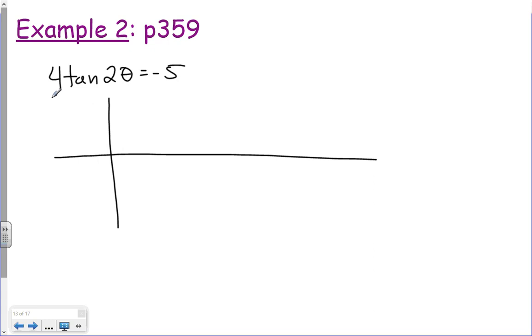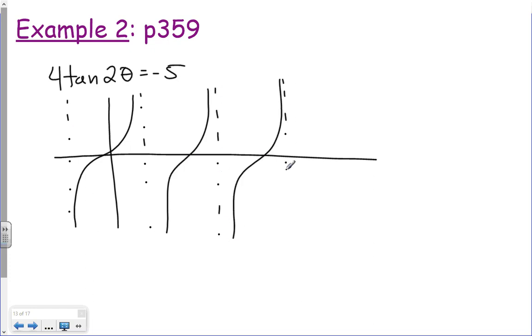I've got a horizontal dilation factor of actually a half. And I've got a value of negative 5 that I'm setting this equal to. So the dilation factors just stretch this in those 2 directions there. They don't really change what the graph looks like. So I'm just going to sketch it like this. And then we'll mark some key values here on our sketch.